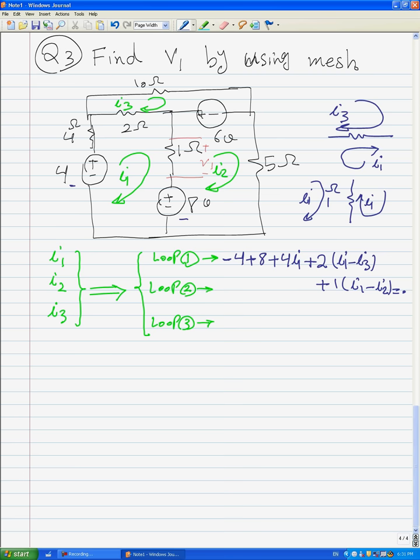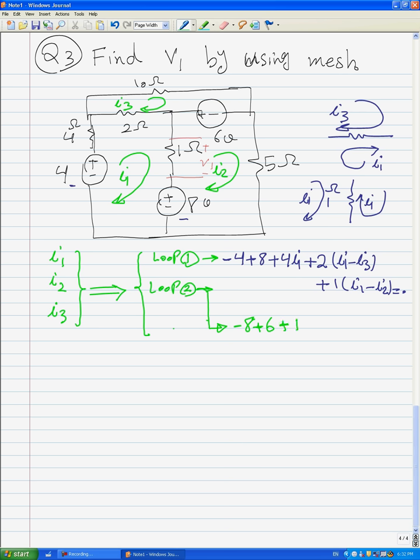Equation 2 is obtained by applying the mesh method in loop 2. In loop 2, we have minus 8 plus 6, and plus 1.